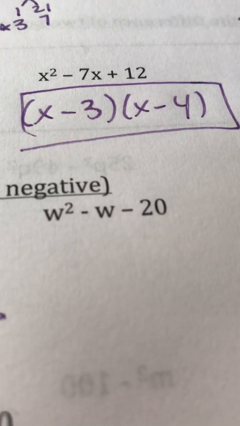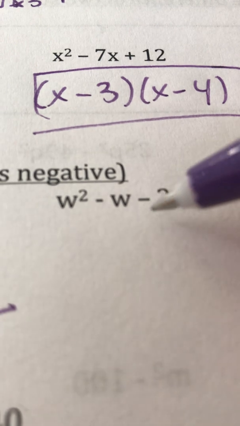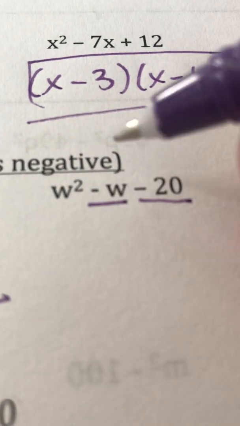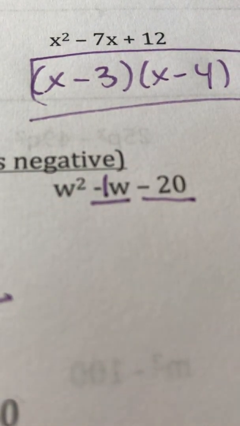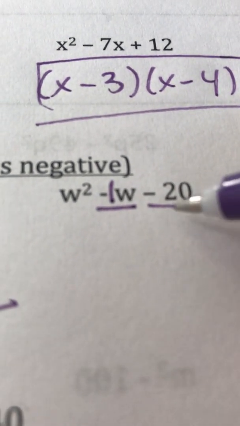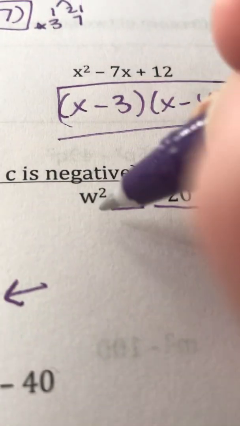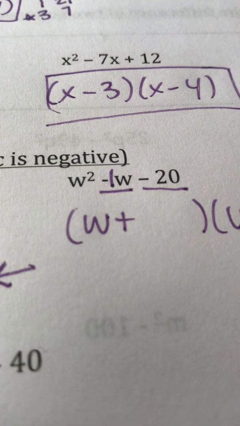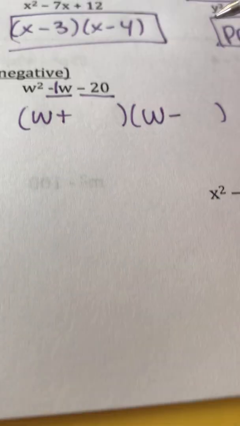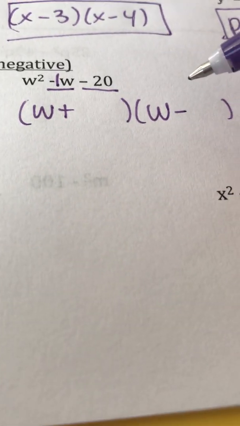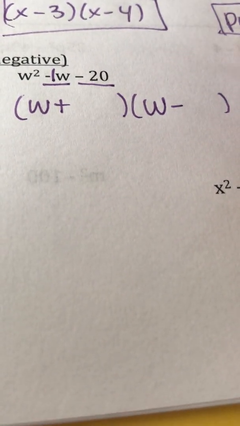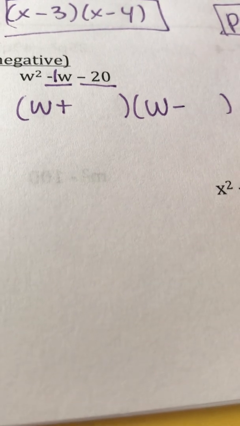Okay, let's look at the next one. Now here we have a negative c. So our product is negative 20, and our sum is actually a negative 1. Okay, so again, we know that if c is negative, we have a positive and a negative factor. So now I have to consider which one is positive and which one's negative.